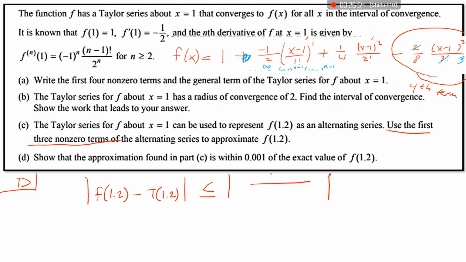We get 1 over 4, 1.2, 0.2 to the cube over 3. 0.2 cubed.